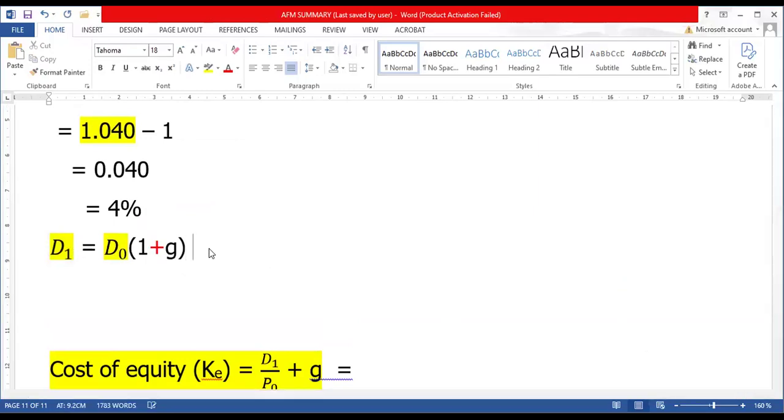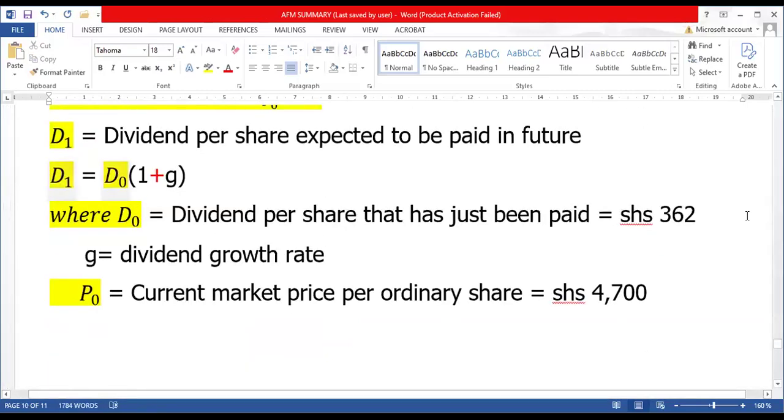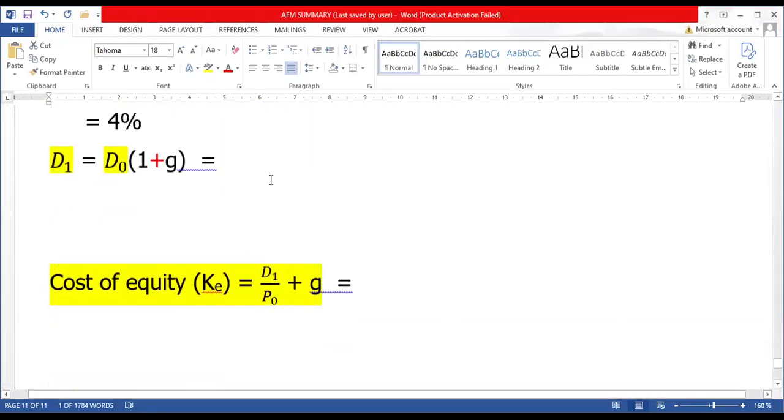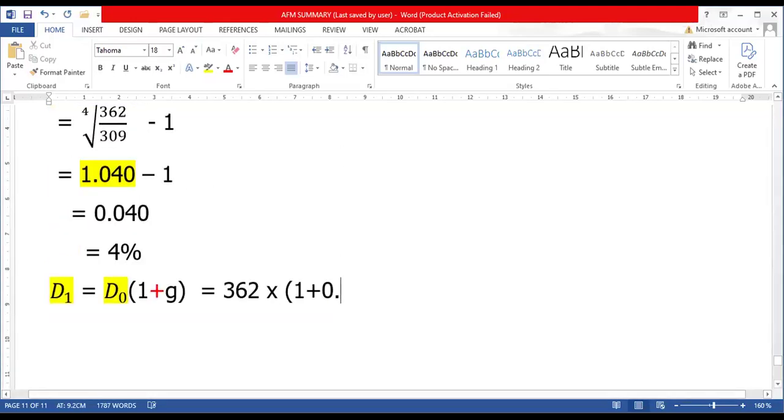So we substitute. Already we have D0. D naught was 362. Then we multiply by 1 plus 0.04, don't put the percentage.